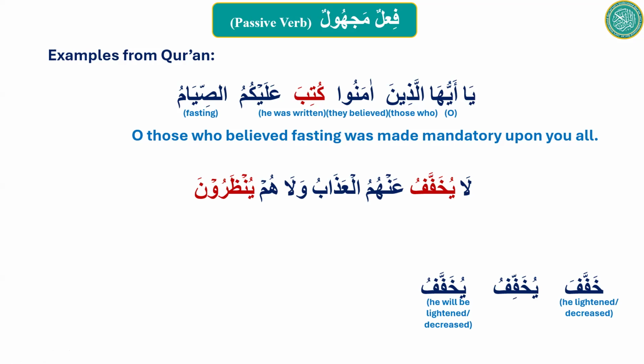Okay, anhum. An doesn't mean upon; an means about or from. From them. Al azabu, the punishment. Let's stop here for a second. What's the inside acting doer of yukhaffafu? He. Should we look for an outside acting doer?